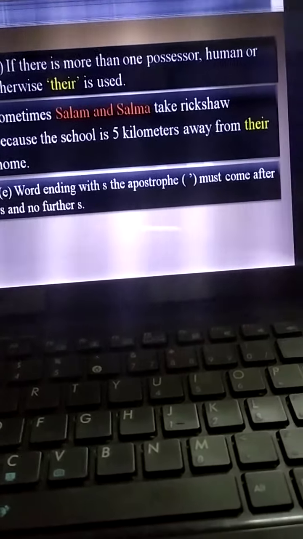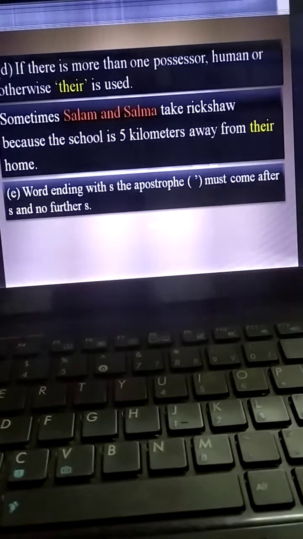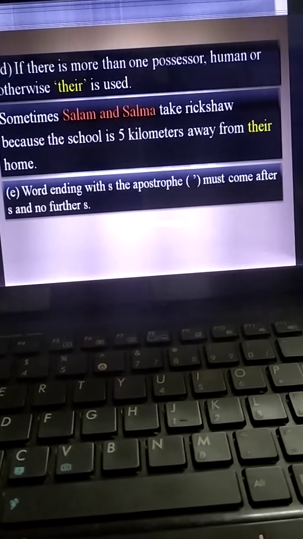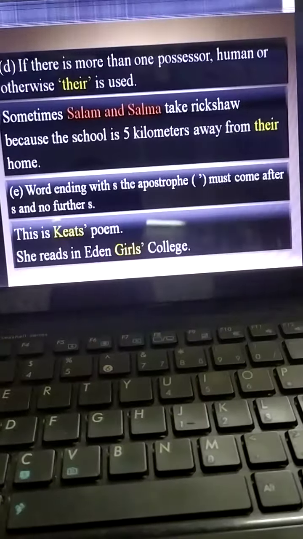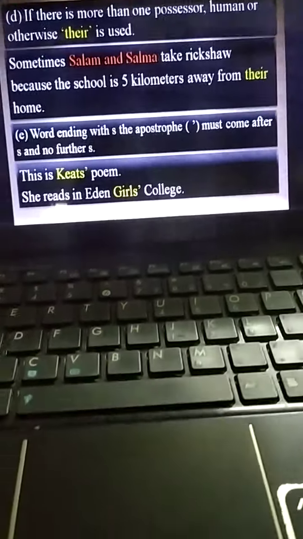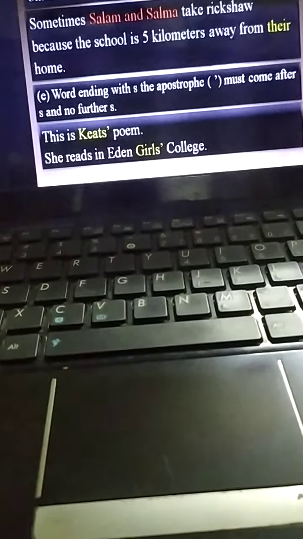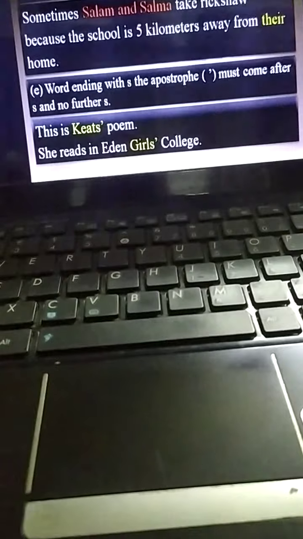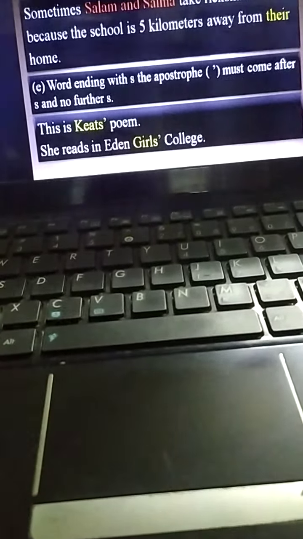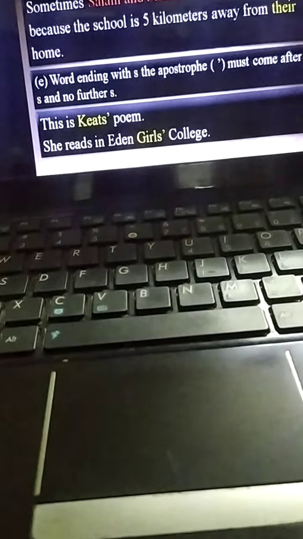Next, another important thing: for a word ending with s, the apostrophe must come after s and no further s. Just go to the example, then you will be clear. This is Keats' poem. Keats is the name of a poet, and we have a poem in our first year syllabus, if you remember, Keats' poem, Grecian Urn.